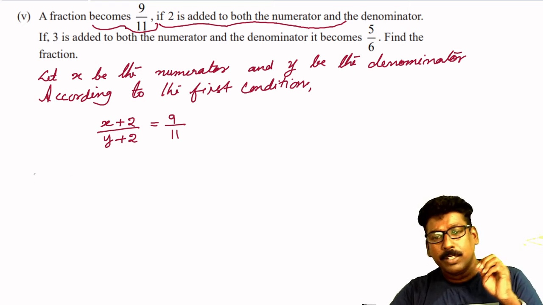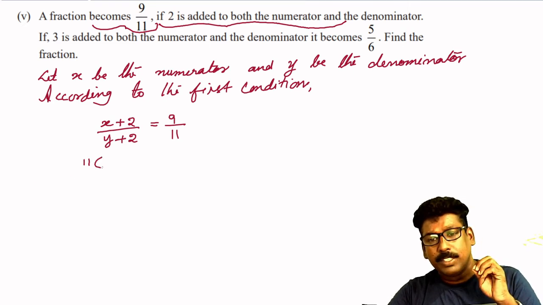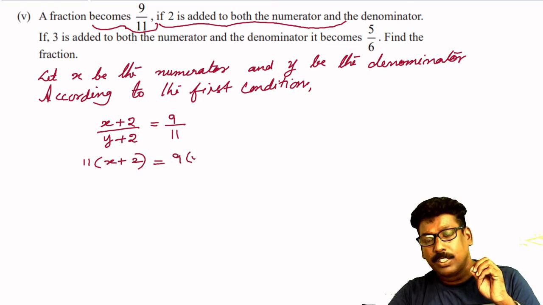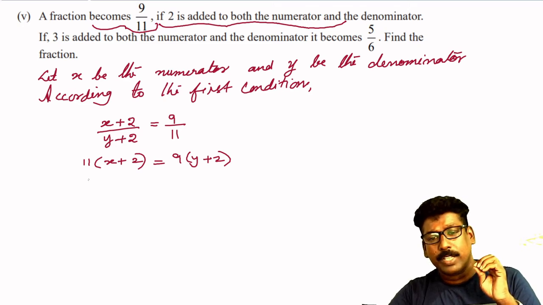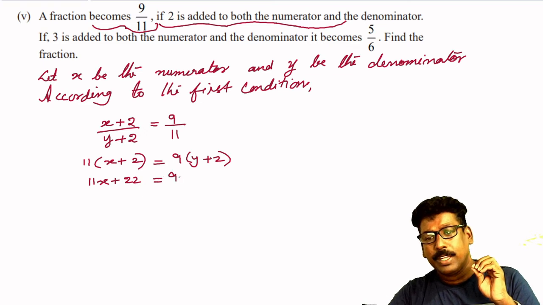Now cross multiply. That is 11 into x plus 2 is equal to 9 into y plus 2. Multiply by 11, what will you get? 11x plus 22 is equal to 9y plus 80.